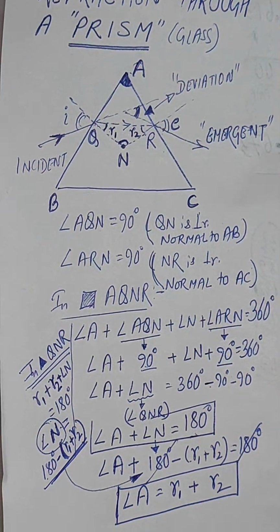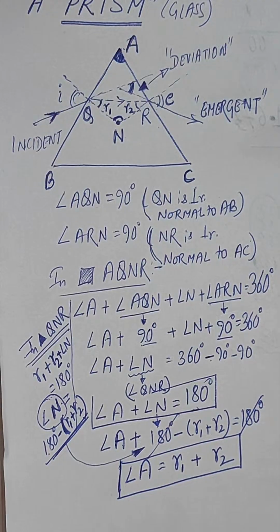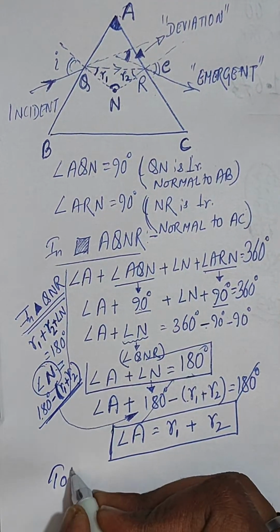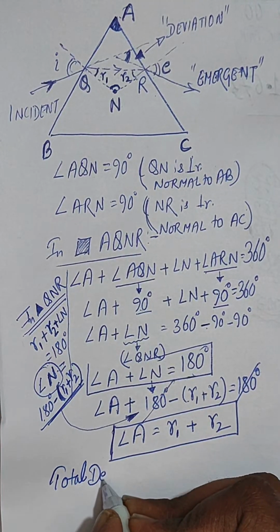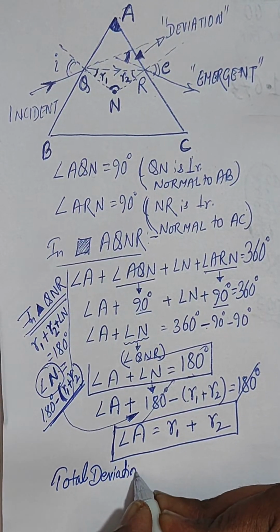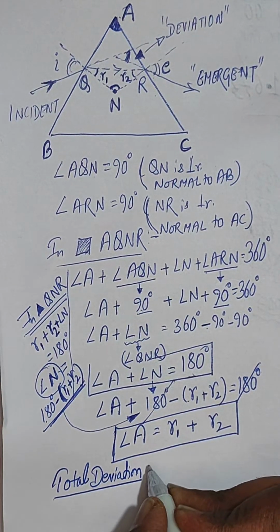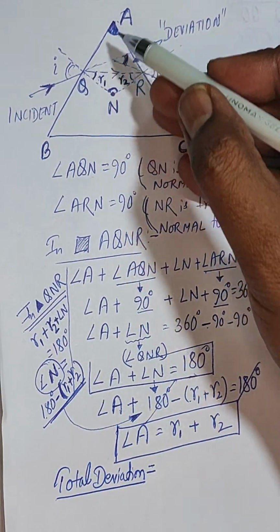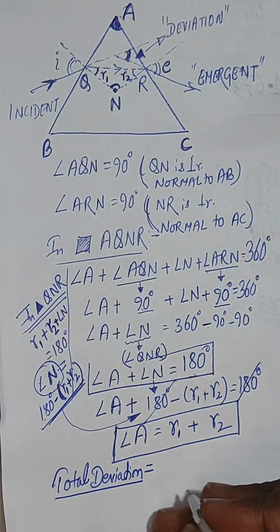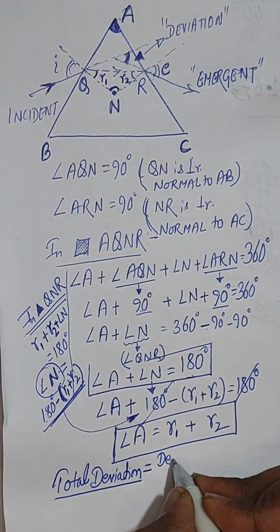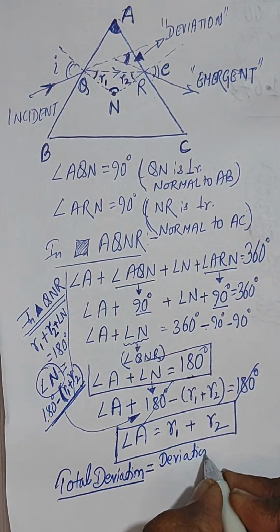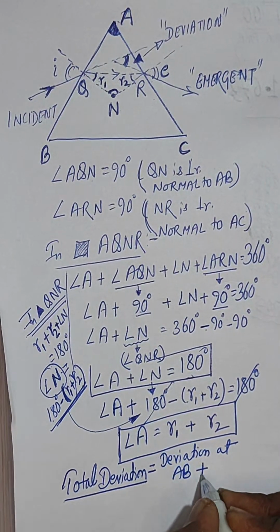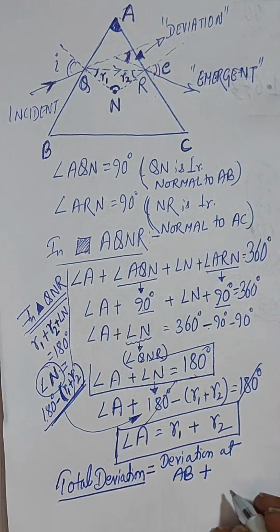So we can see the total deviation is equal to the deviation at the two faces: deviation at AB plus deviation at AC.